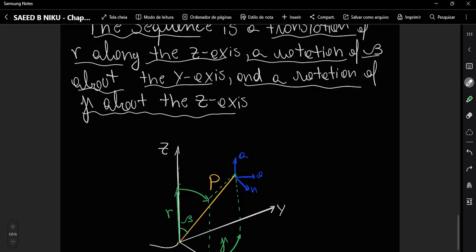We are doing a text interpretation of a text description. So look how nice it is.